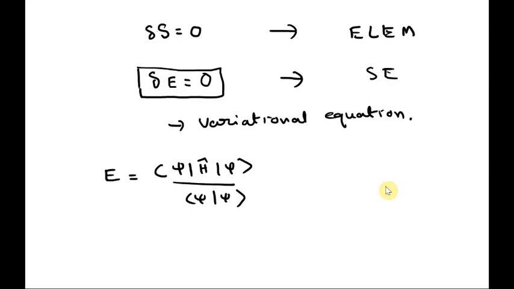For a normalized state, this is going to be just psi H cap psi; the denominator will not be there. You can see that E actually depends upon psi. H cap is an operator, so E is a kind of function of psi. Varying this function will change the energy value that you obtain here.